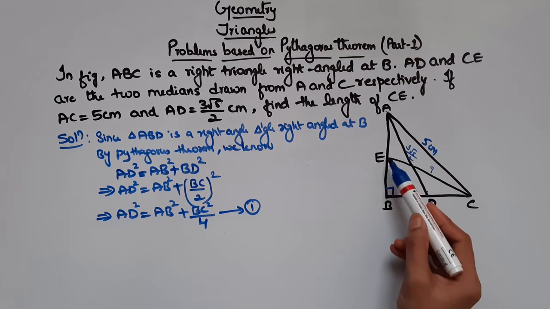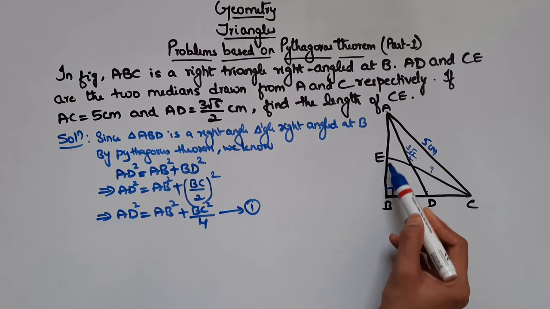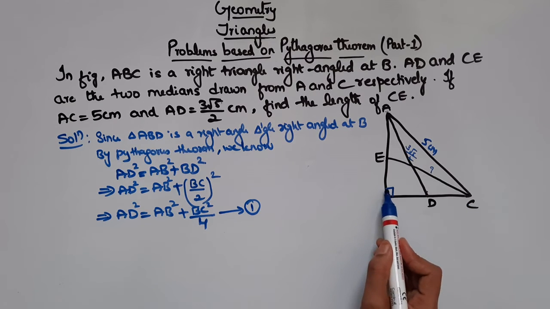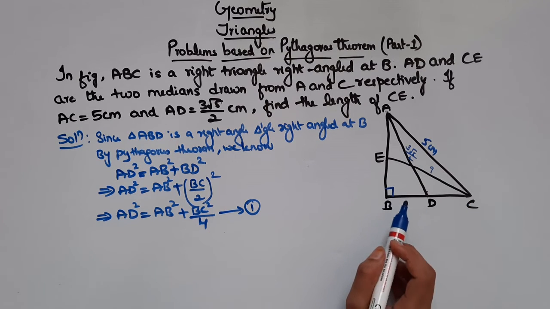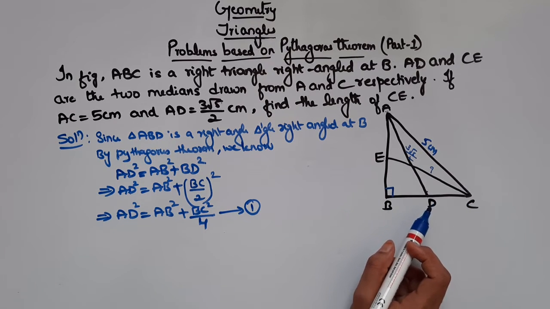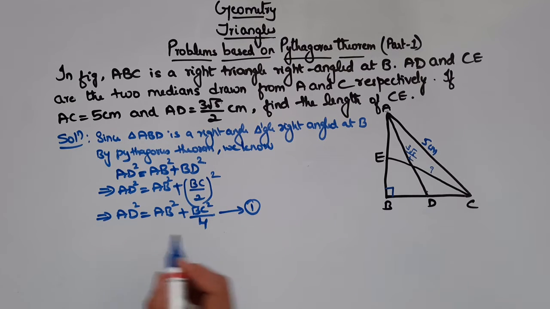Similarly, if you see EBC, this is also a right angle triangle, right angled at angle B. So you can apply Pythagoras theorem, right? So now let's write that.